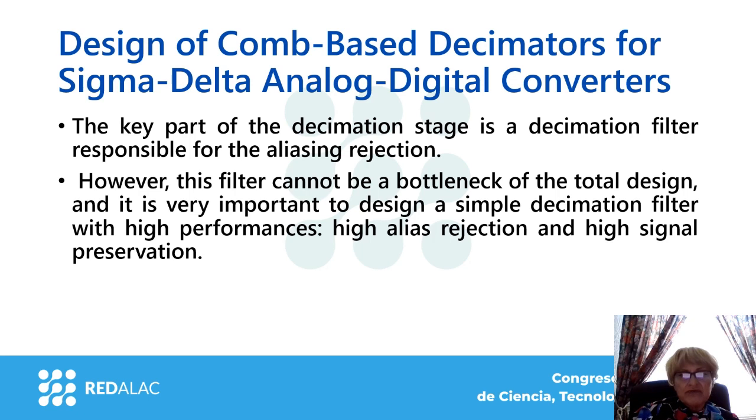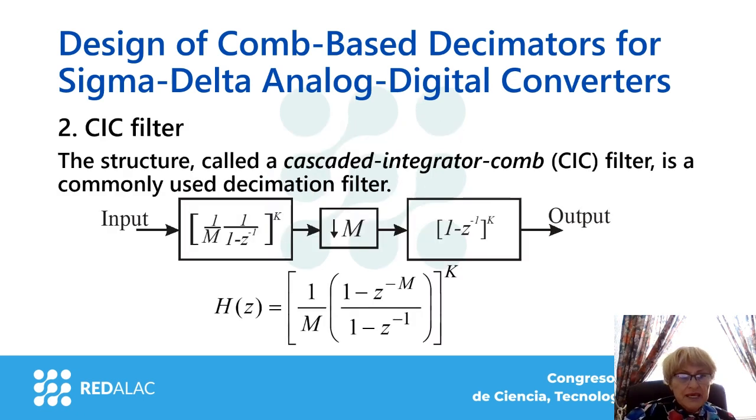The key part of the decimation stage is the decimation filter, which is responsible for aliasing rejection. However, this filter cannot be a bottleneck of the total design, and it is very important to design a simple decimation filter with high performance, high aliasing rejection, and high signal preservation.